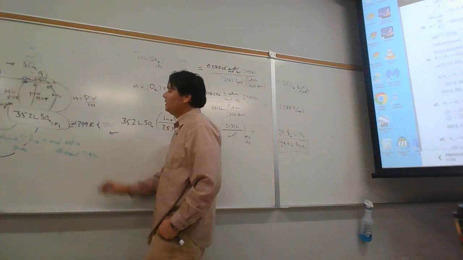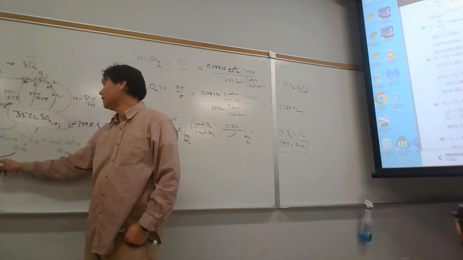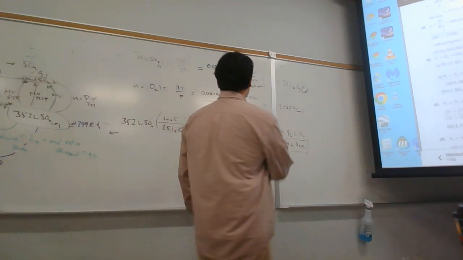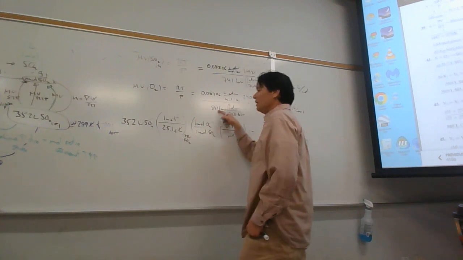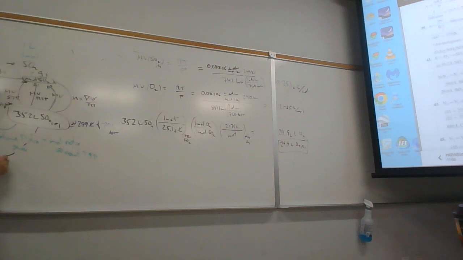What they did was use the combined gas law to figure out what the new volume would be at 290 Kelvin and 847 torr.